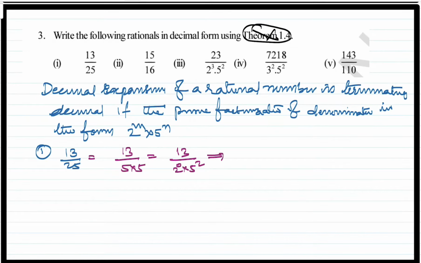So the denominator is in the form of 2 to the power of m, 5 to the power of n. Therefore, it gives a terminating decimal.